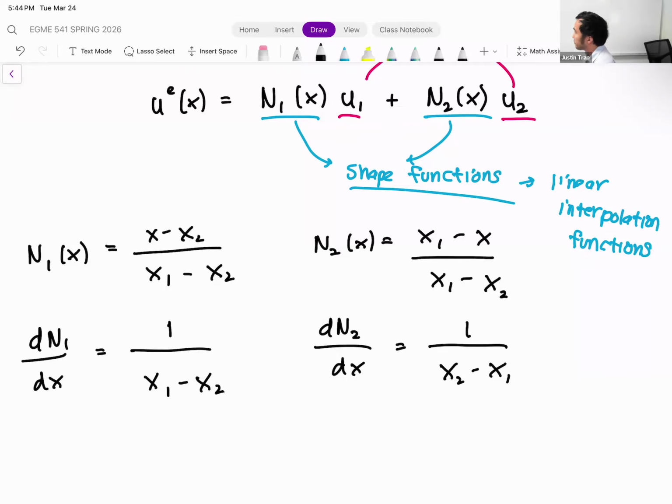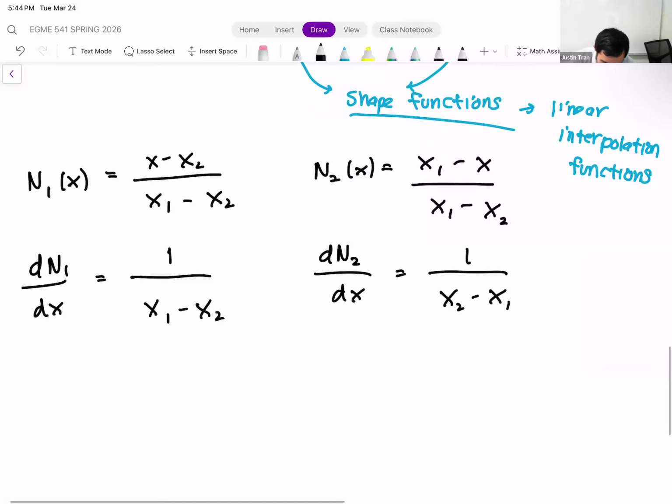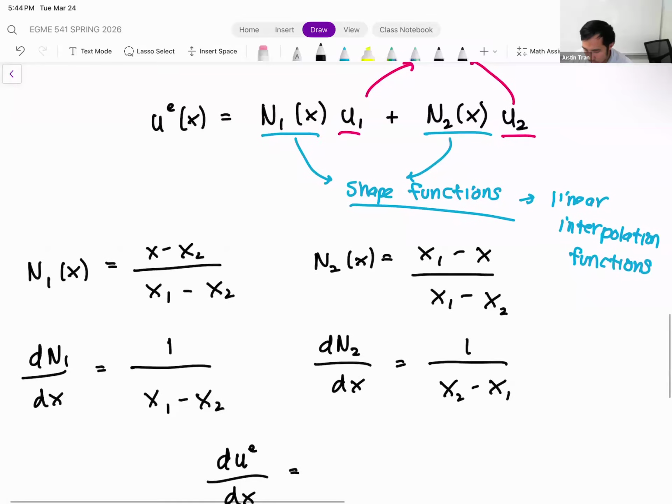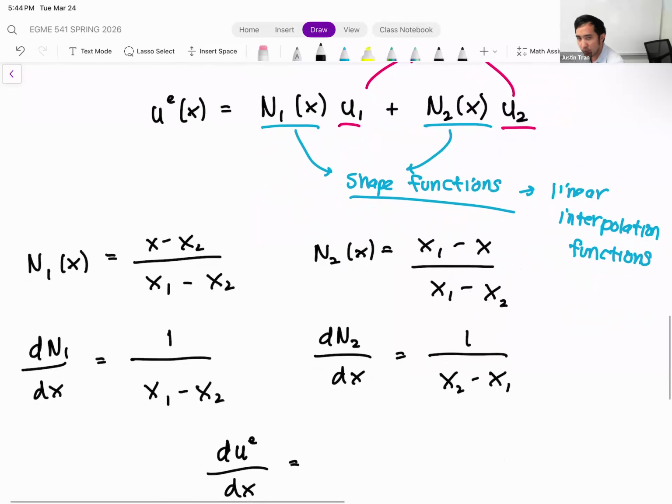All right. So the reason I did that is, we're very quickly going to come to a situation where we're going to take the derivative of our solution function. If you take the derivative of u^e, so du/dx, in our situation here, u1 and u2, the nodal solutions, do not depend on x.